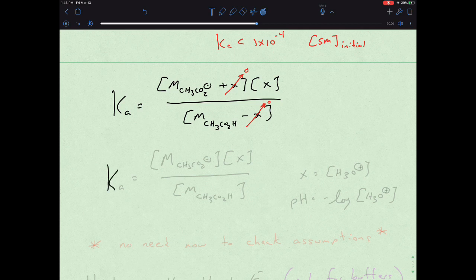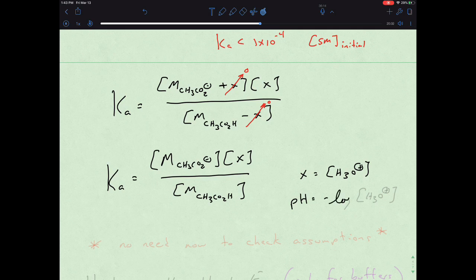And so we find our Ka is going to be equal to that initial concentration of acetate times X, which again is our hydronium ion, over the molarity initially of our acetic acid. So that is how we could then solve for X for hydronium, and then obviously we can get to the pH by taking the negative log of that hydronium ion concentration.